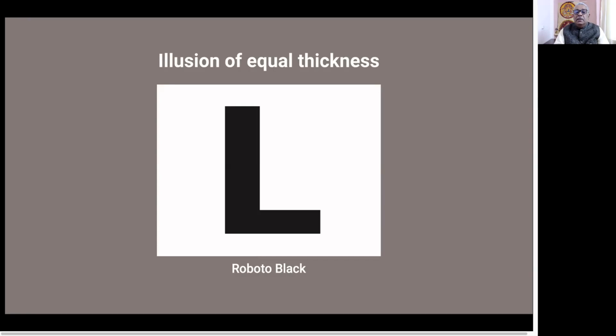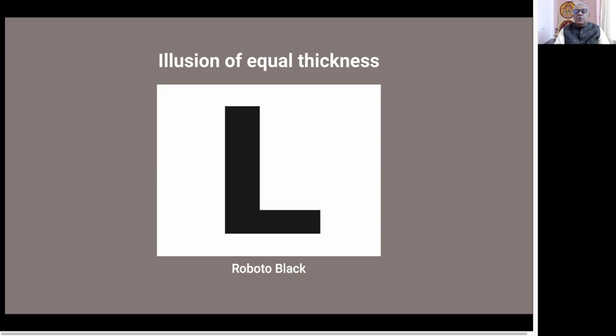There are 100 different ways of correcting the optical illusions in font design. I'm just sharing a few to start the background information for the main focus on the calligraphy. So I've taken Roboto Black as the starting point as an example for showing the illusions.